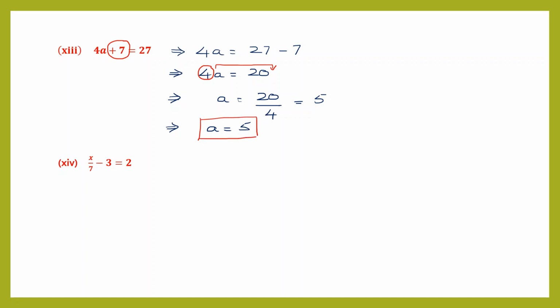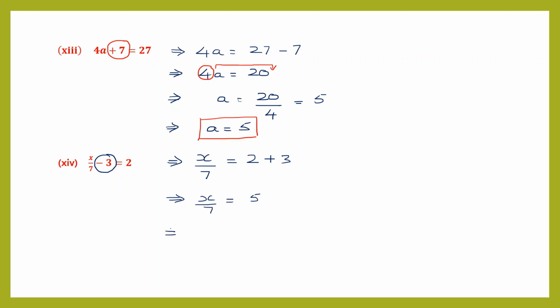Going on to question 14. x by 7 minus 3 equals 2. Let's leave x by 7 on the left hand side and transpose minus 3 to the right hand side. On the right hand side we already have 2. When we transpose minus 3, it becomes plus 3. So x by 7 equals 5.